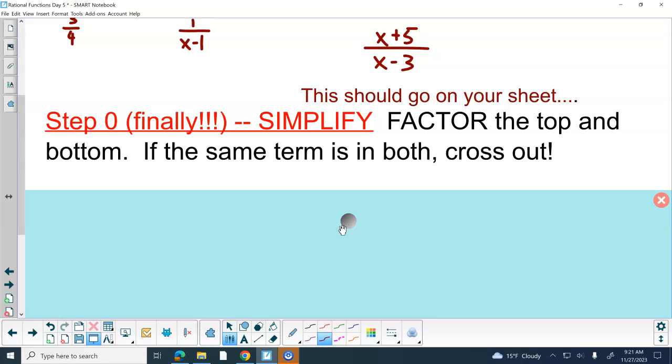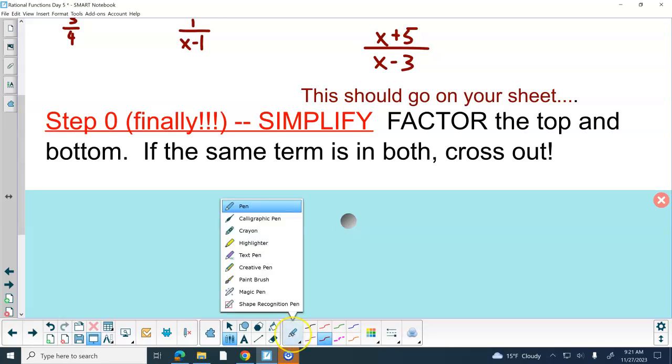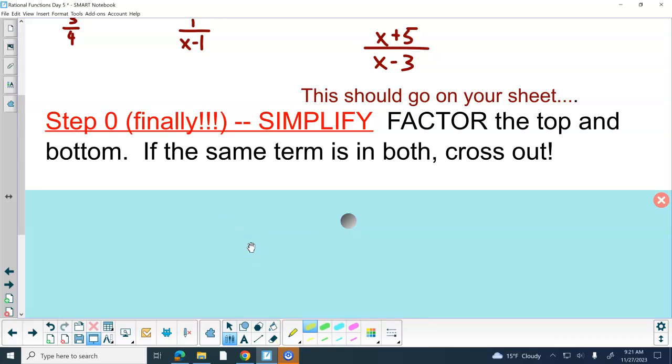We have to factor the top and the bottom completely. You got to factor it all the way until you can't factor it anymore, which is why the unit before this is when we factor.